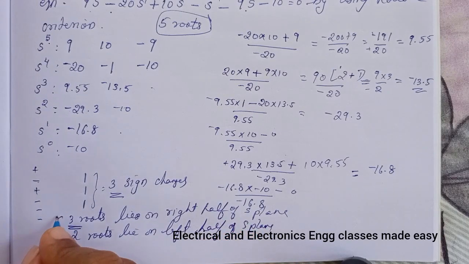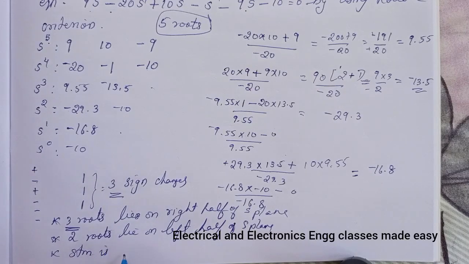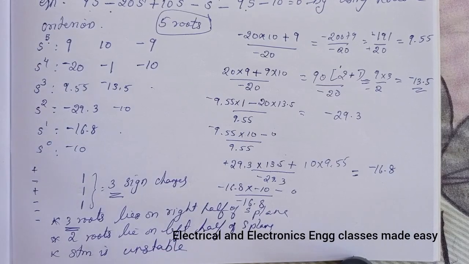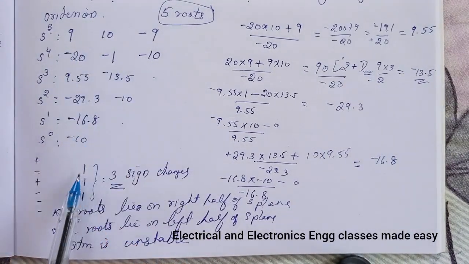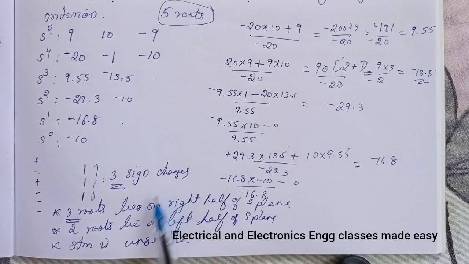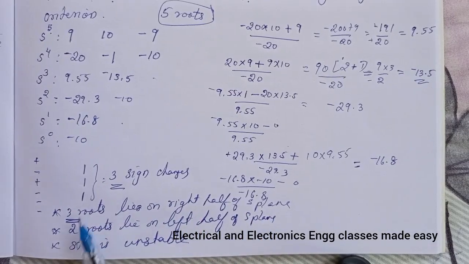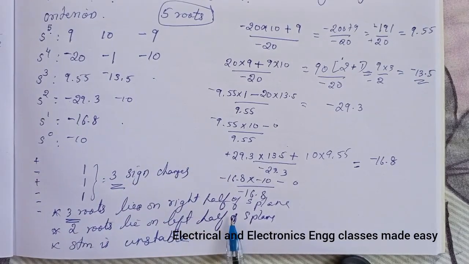The system is unstable because there are sign changes in the first column of this Routh array. The system is unstable and 3 sign changes are there, so 3 roots lie on the right half of S plane and the remaining 2 roots lie on the left half of S plane.